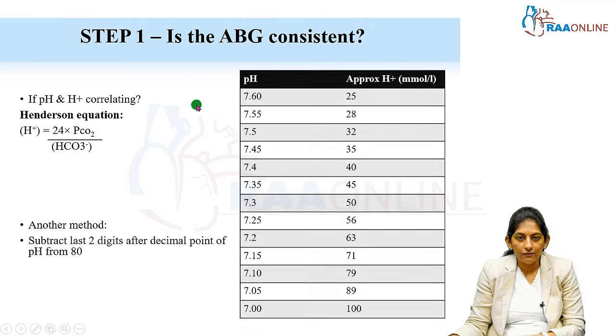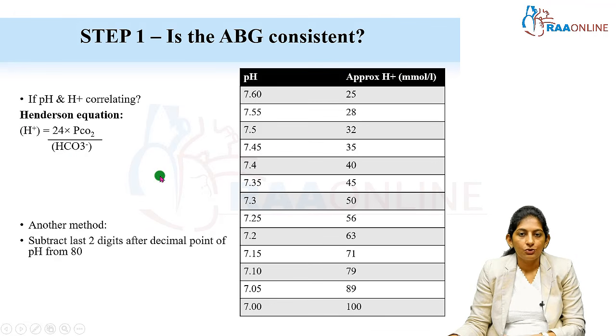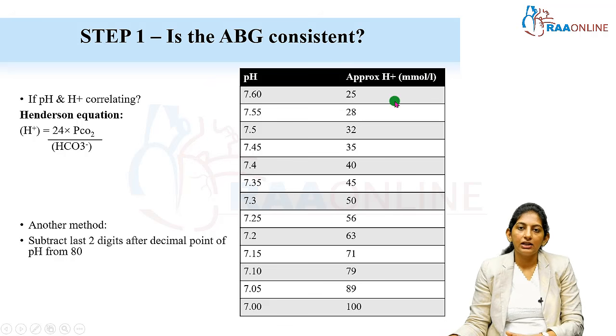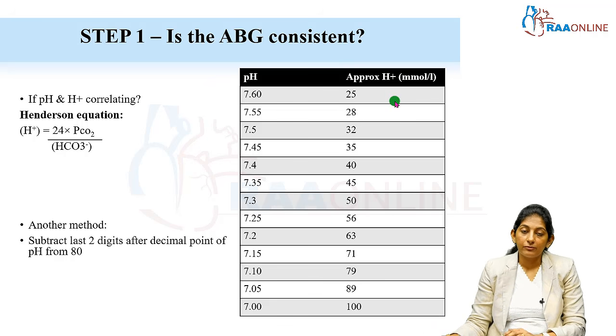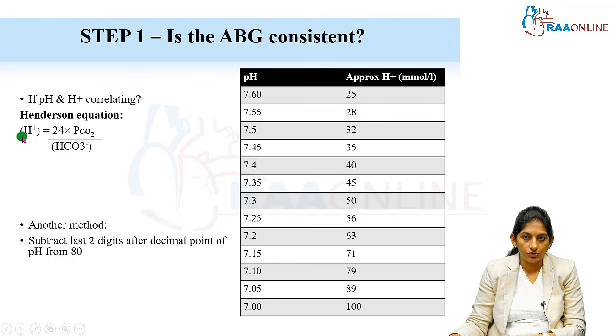You have to use this table to see if the pH and H+ are correlating, to finalize if the ABG is consistent or not. So, you have done the equation and you have gotten an H+ value. You come to this table, say the H+ value calculated from the formula is 40, you correlate that pH should be 7.4.